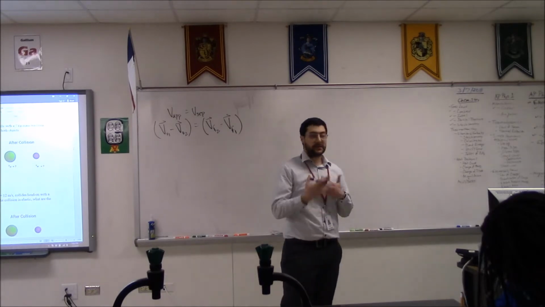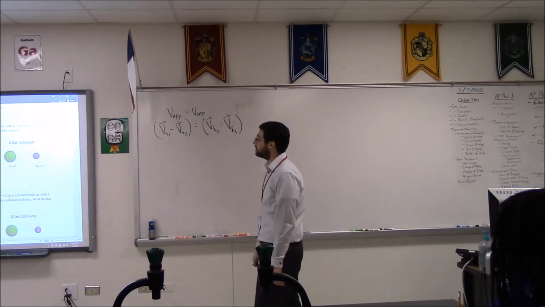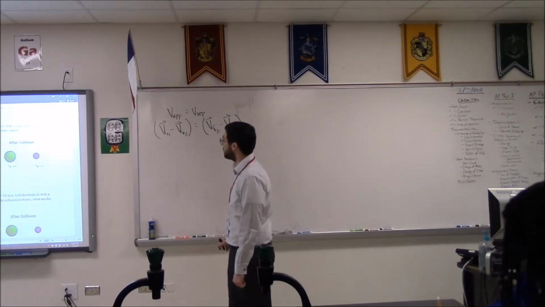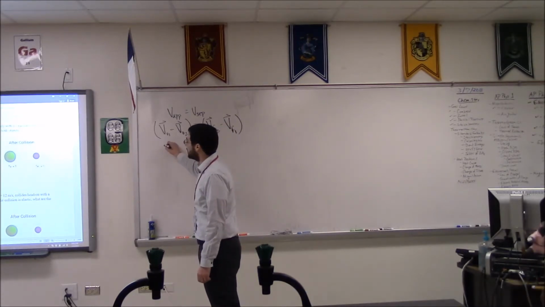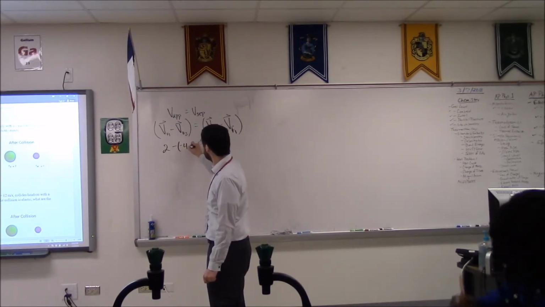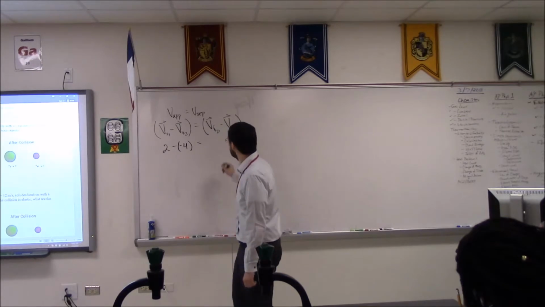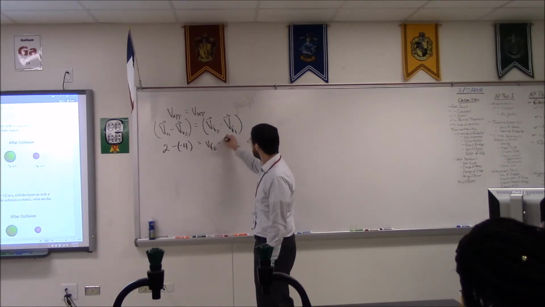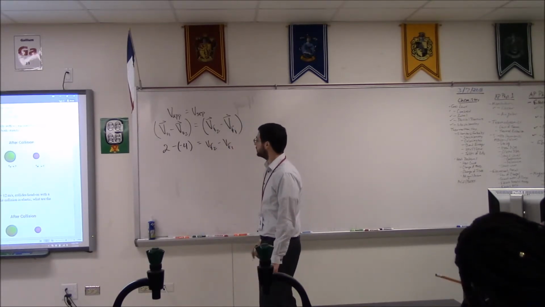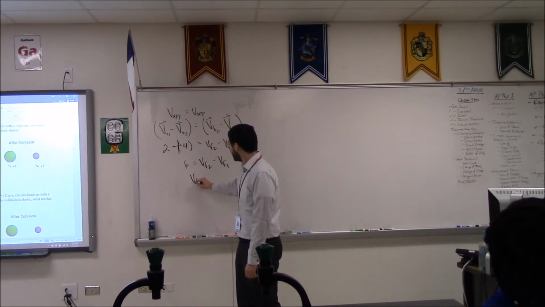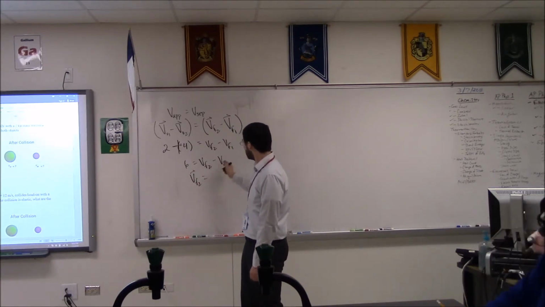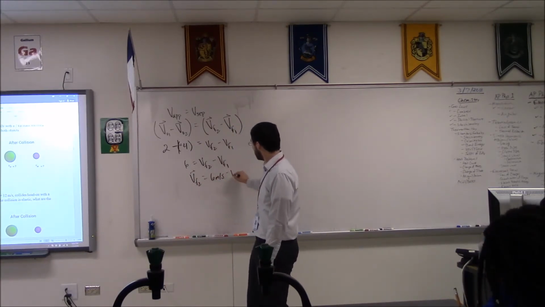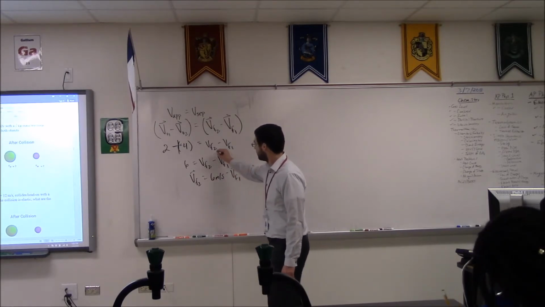Now we've done these several times already, so this should be pretty easy. Let's see, so I'm going to have 2 minus a negative 4 equals V final 2 minus V final 1. So V final 2 equals 6 minus V final 1.